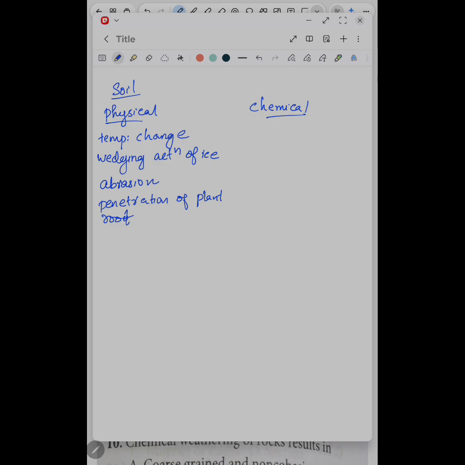Some examples of soils formed by physical weathering are sand, gravel, or we can say coarse-grained soil. Physical weathering may be mainly due to temperature changes, wedging action of ice, abrasion or penetration of plant roots. And the example is coarse-grained soil.